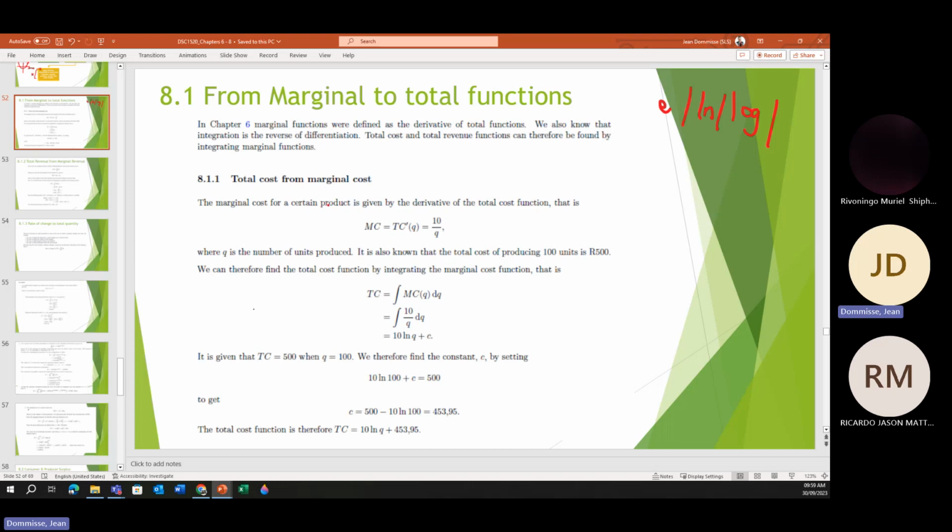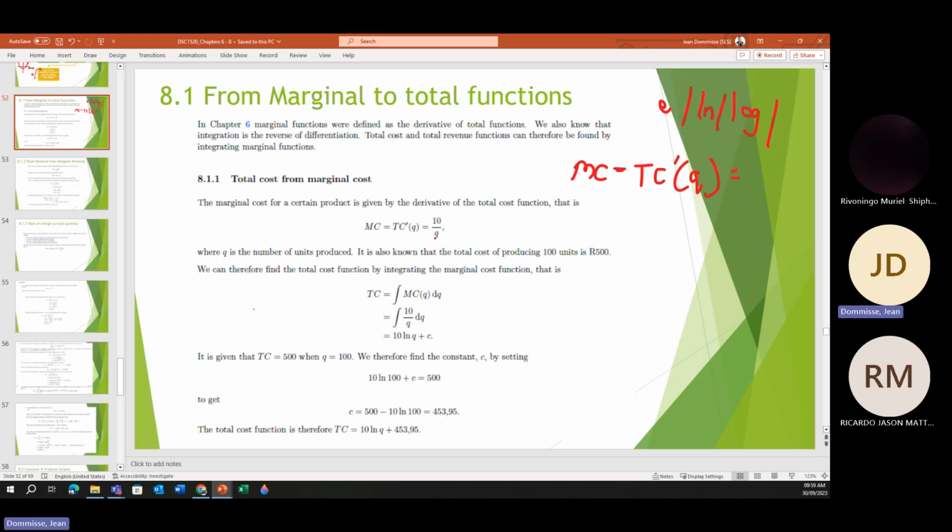So you could have written down what we would have said: marginal cost is total cost differentiated over Q. And then they would have given us that, so that was a given.